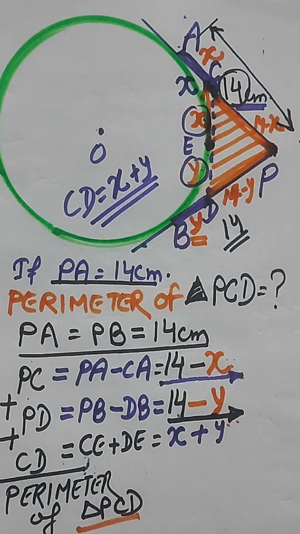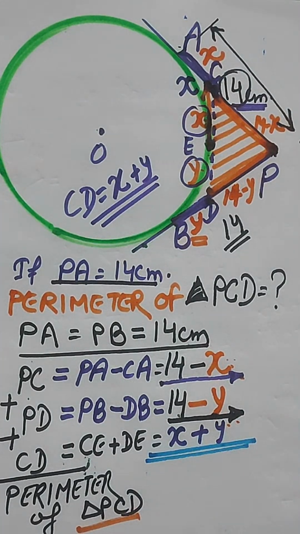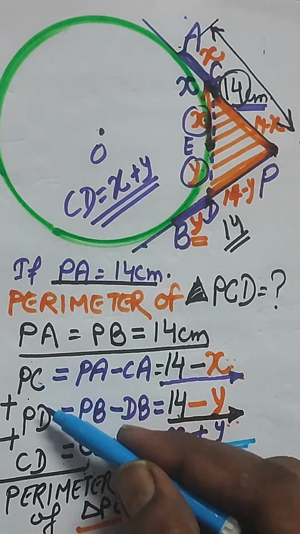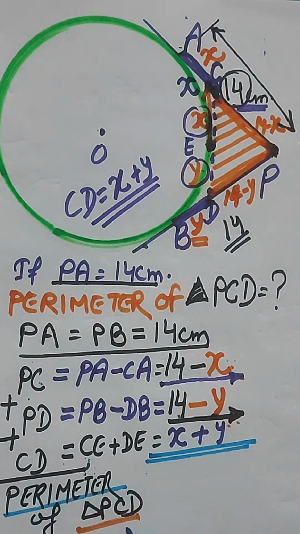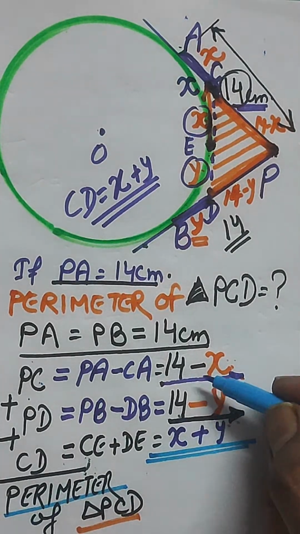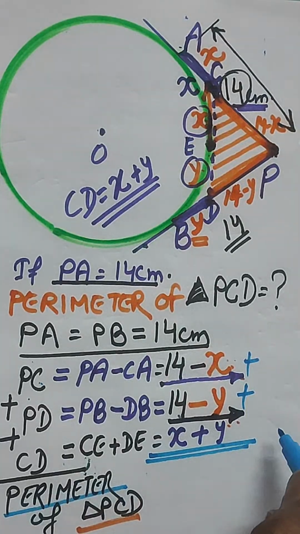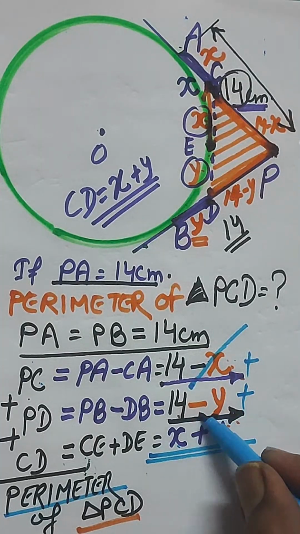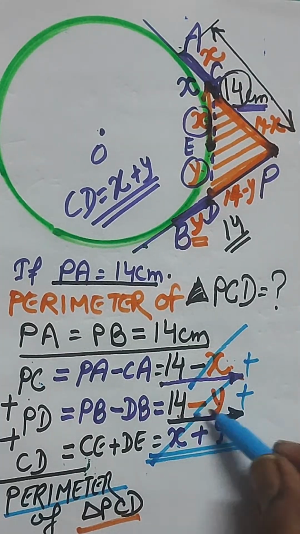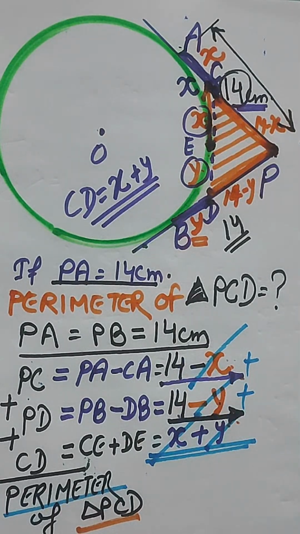So, as we have already said, what is the perimeter? Perimeter is simply PC plus PD plus CD, then you get the perimeter of triangle PCD, right? So when you add all these three, you can see plus x will cancel this minus x, minus y will cancel this plus y, and we have 14 plus 14 which is left.